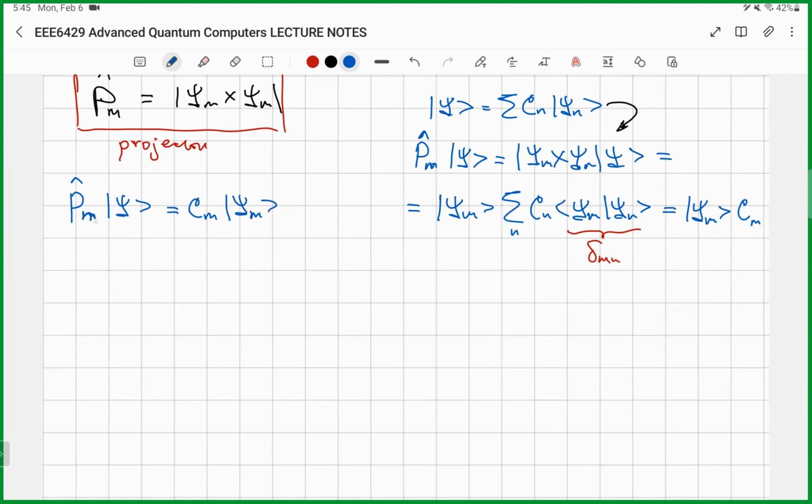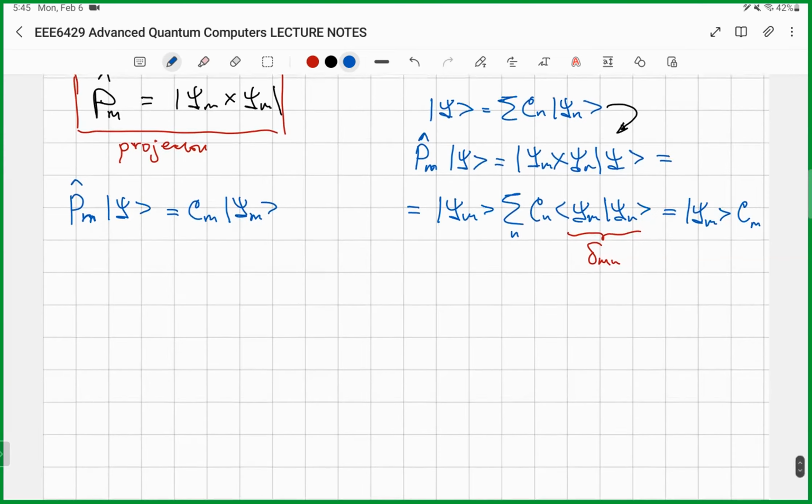The projection operator to the state m generates only one state psi m multiplied by some coefficient cm. This is the result of the action of this projection operator.